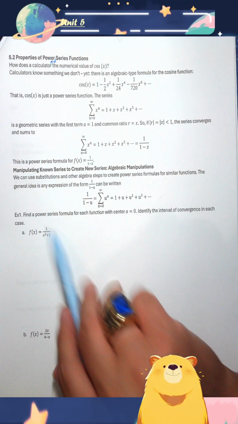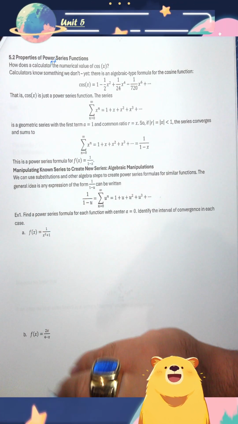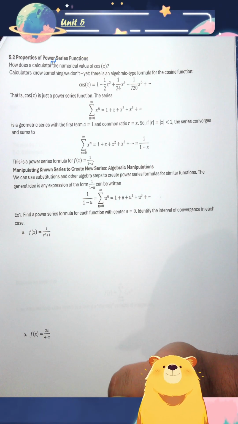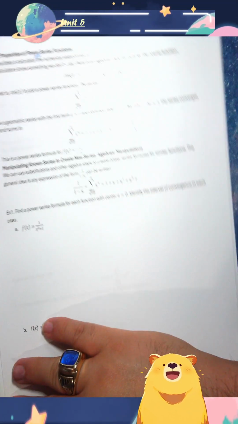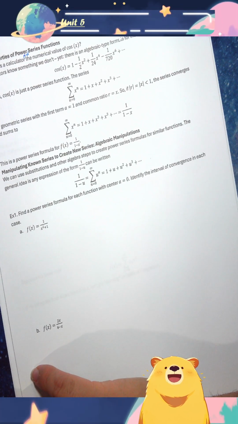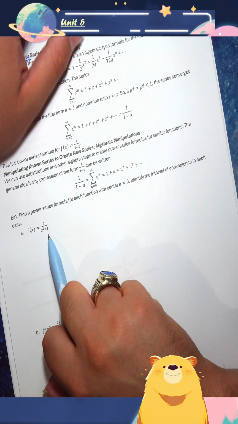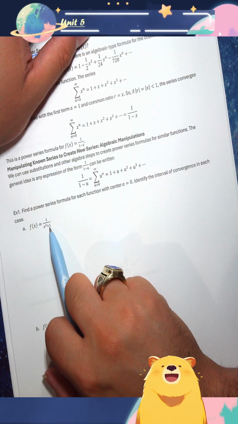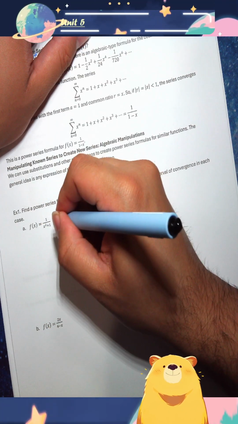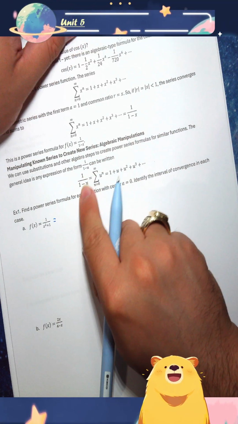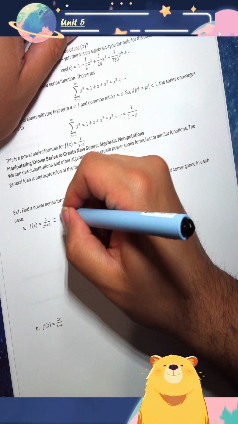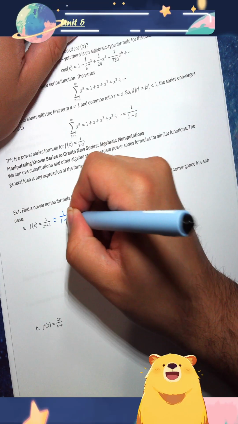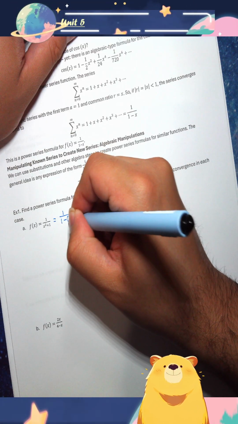Example: find a power series formula for each function with a center at 0. Identify the interval of convergence in each case. Okay. So for here, we have 1 over x squared minus 1. Really, the algebra of making it look like this would be to just flip the bottom and then do a double negative situation.